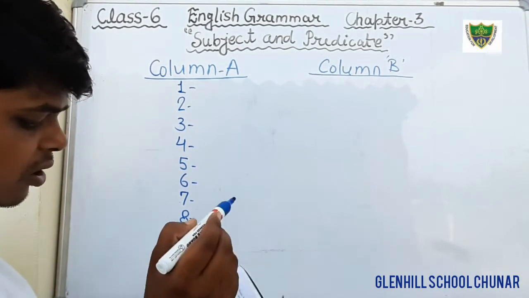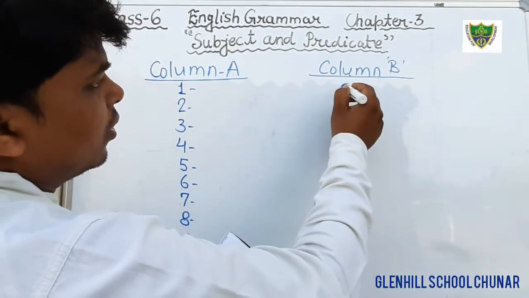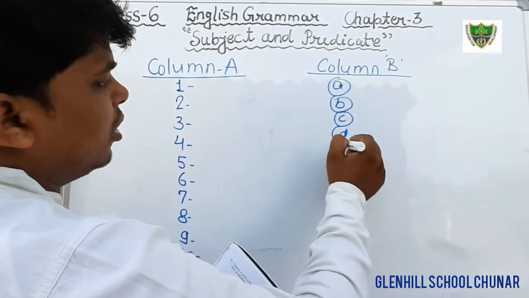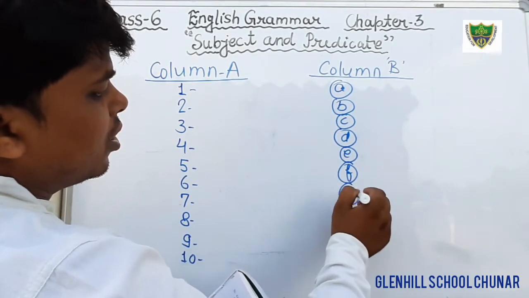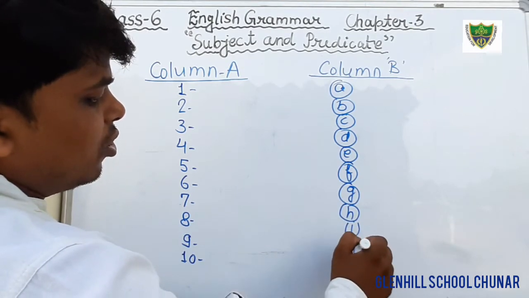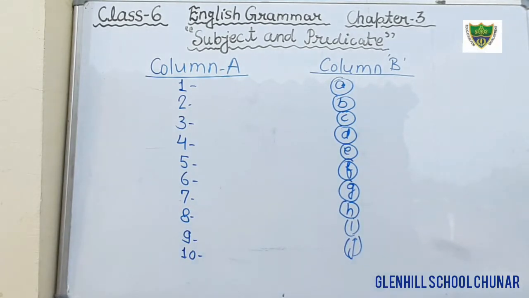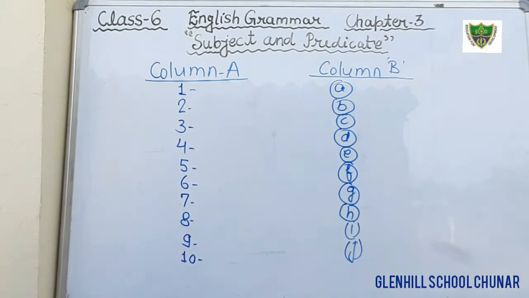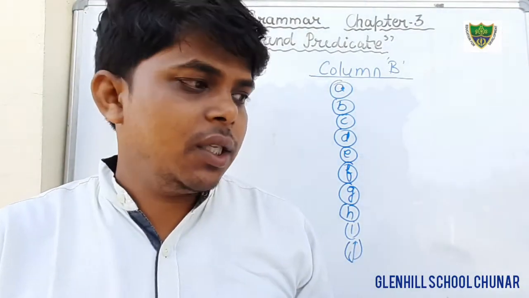And there are also options A, B, C, D, E, F, G, H, I, J. Okay students? There are 10 subjects and 10 predicates given in your book in exercise number 4. And now we have to match.